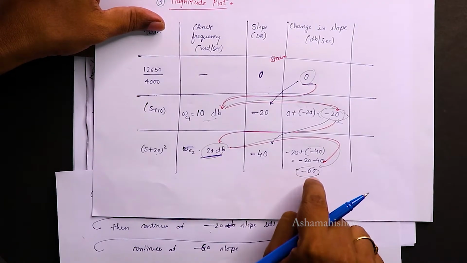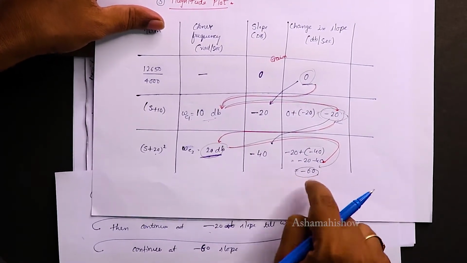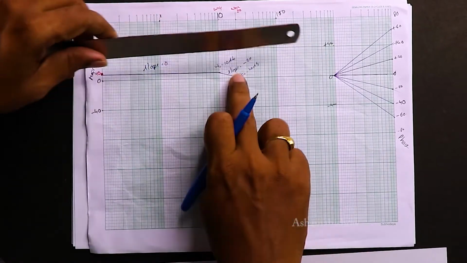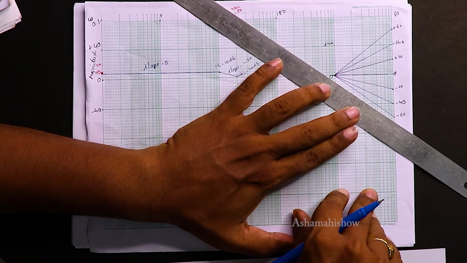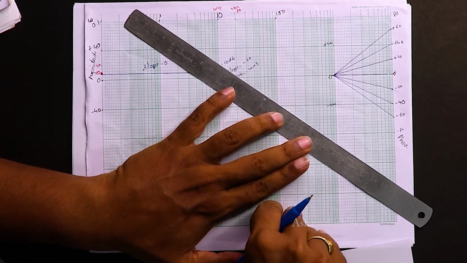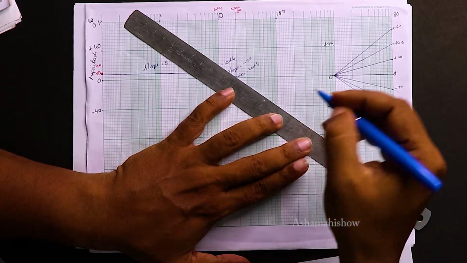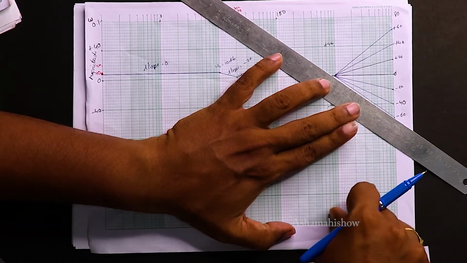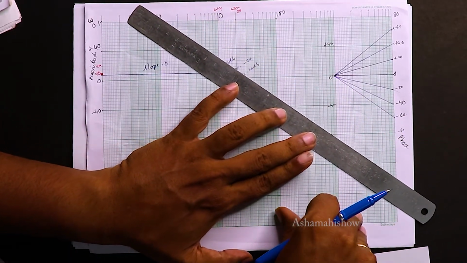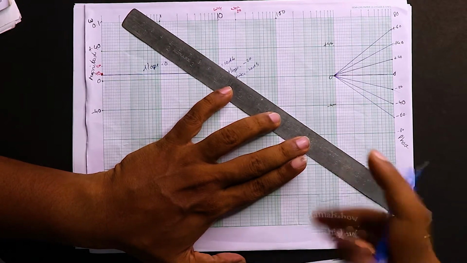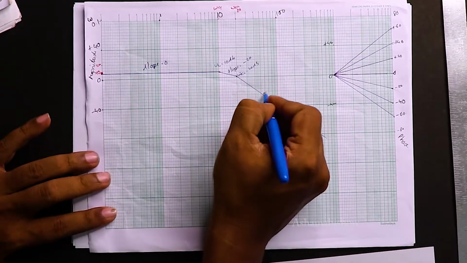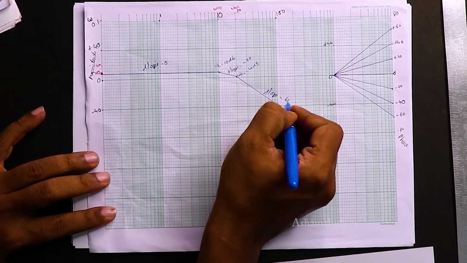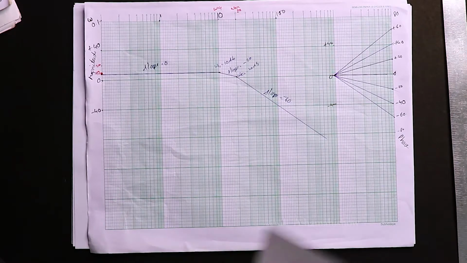From 20 dB, my slope changed to minus 60, and it goes on. So from 20 dB, I'll take minus 60. Move the scale very gently. Very good. You can check it once again. Draw a line like this. See, this is how you need to draw your magnitude plot.